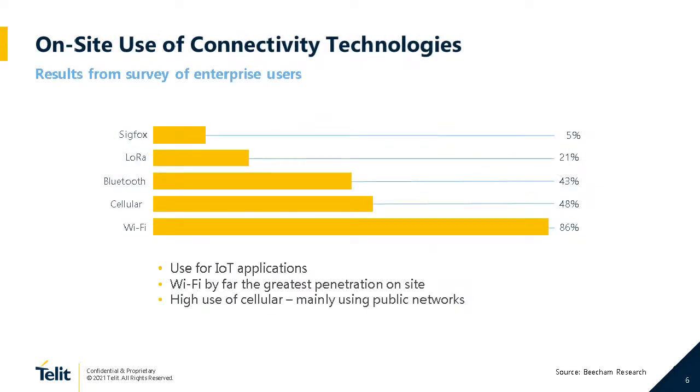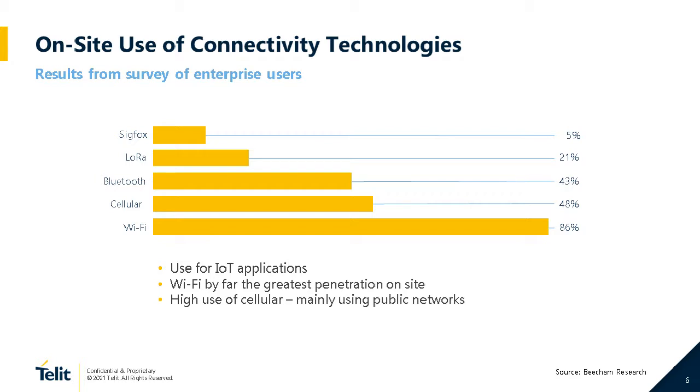Now, looking at the different radio technologies, the statistics show that in the case of enterprise users, of course, Wi-Fi is the dominating technology, followed by cellular. Of course, due to cost and control that essentially was available until so far.